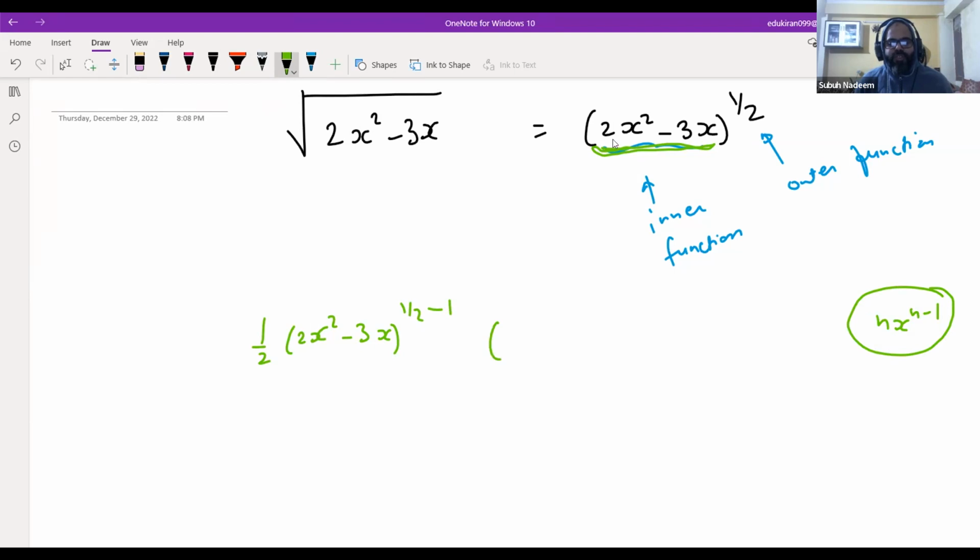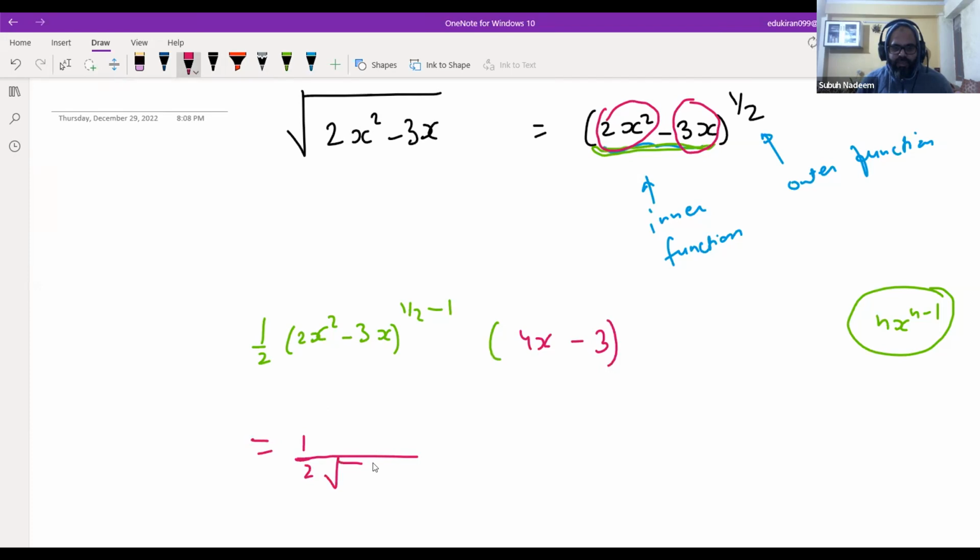When we differentiate the inner function, 2x square minus 3x, differentiation of 2x square will be 4x, minus differentiation of 3x will be minus 3. So this is what we will get. This will be half, and this power will become minus 1 by 2.